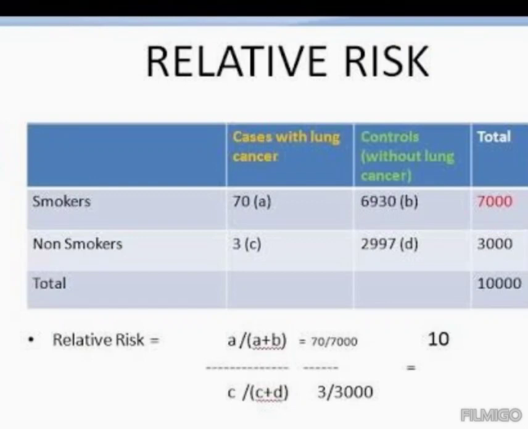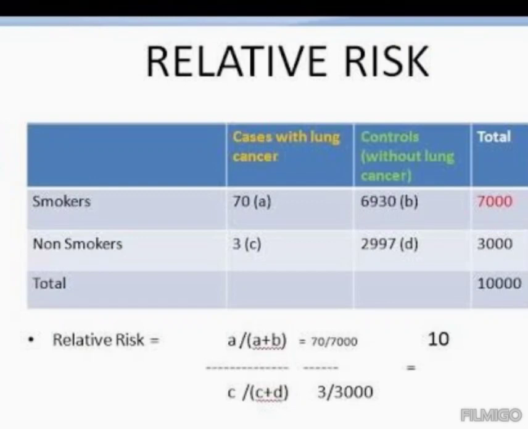Less than 1 implies that the risk factor is a protective factor instead of a risk factor. The factor that we had considered is in fact a protective factor but not a risk factor. If risk ratio is greater than 1, exposure is associated with increased incidence of disease.